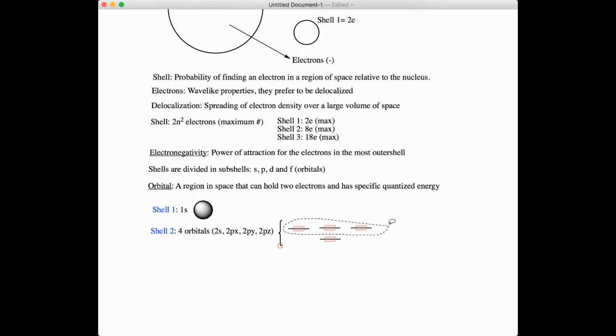Let me do this row correct. Okay, so the 2s orbital is going to be, as I said, slightly less energetic as compared to the p.